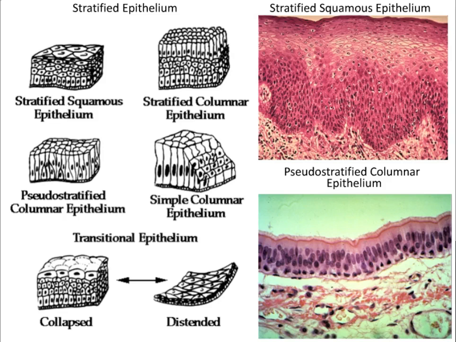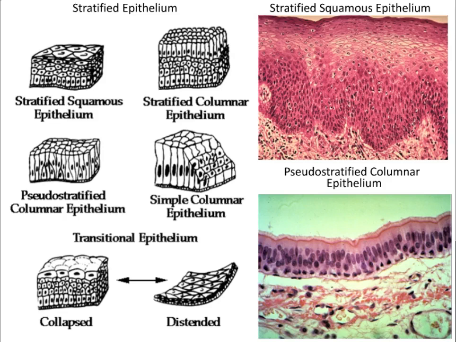Now this is the next level of epithelial tissue. Earlier we have seen simple. We everywhere use the word simple for classifying these epithelial tissues: simple squamous epithelium, simple columnar epithelium, simple cuboidal epithelium. Now in the next level you will find they have used the word stratified.